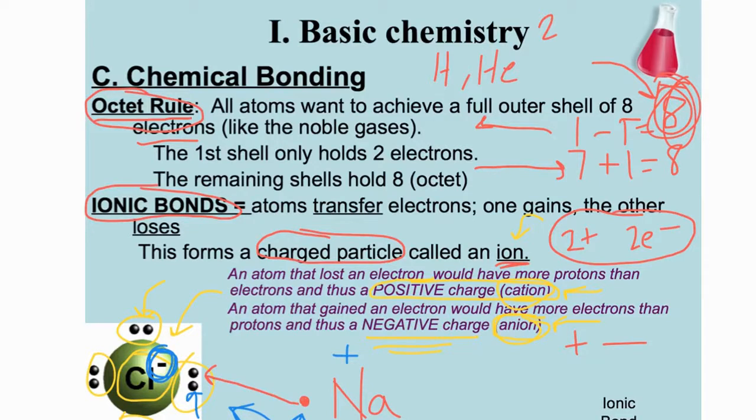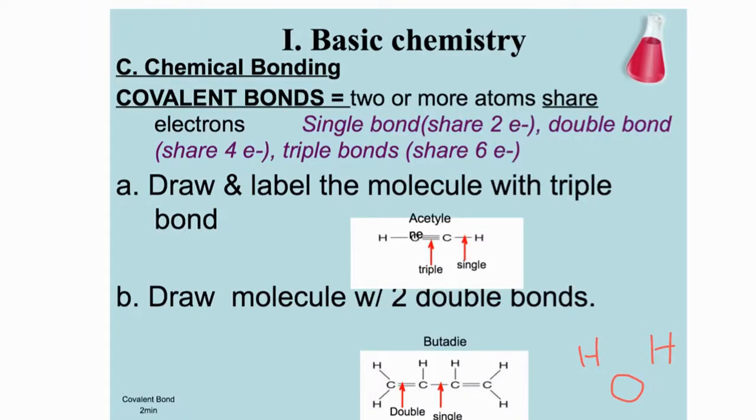So this positive sodium will now be attracted to the negative chloride ion, and that's what gives you NaCl, or salt. Salt is formed because of an ionic bond, the transferring or stealing of electrons from one atom to another.